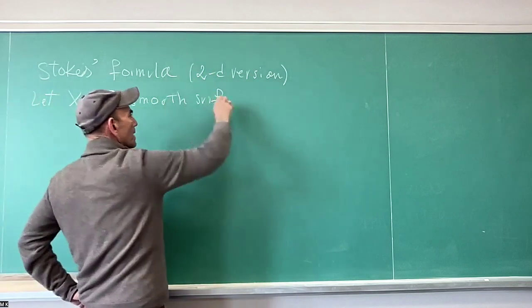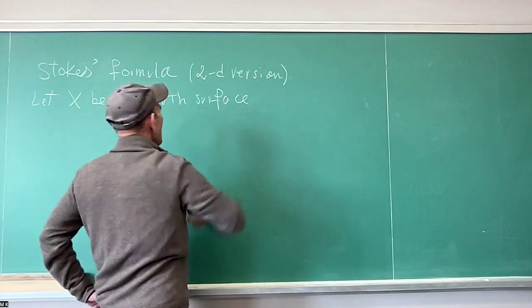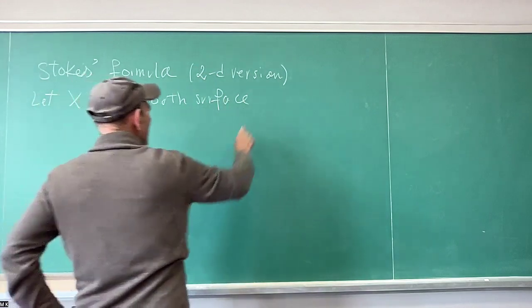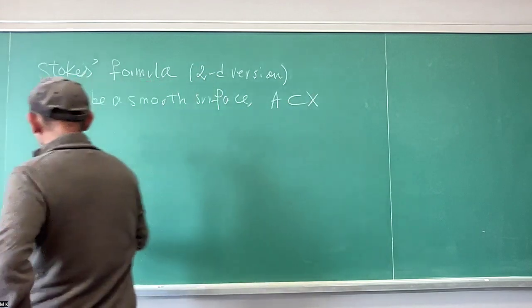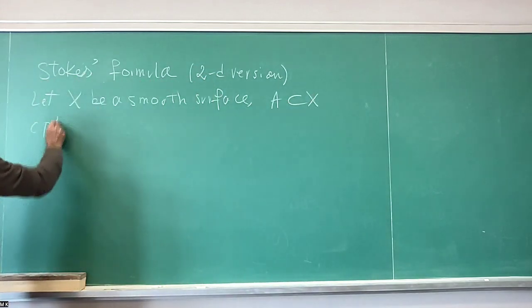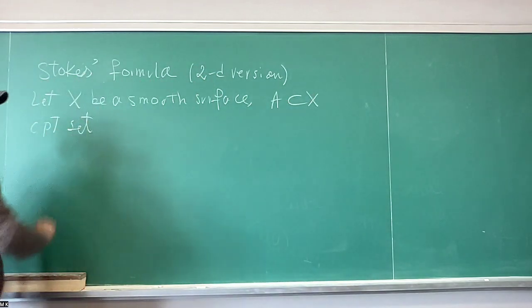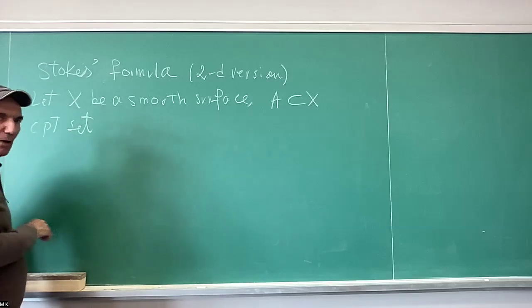This is true in n dimensions, but I just need X to be a smooth surface, and A a subset of X, a compact set with piecewise smooth boundary.